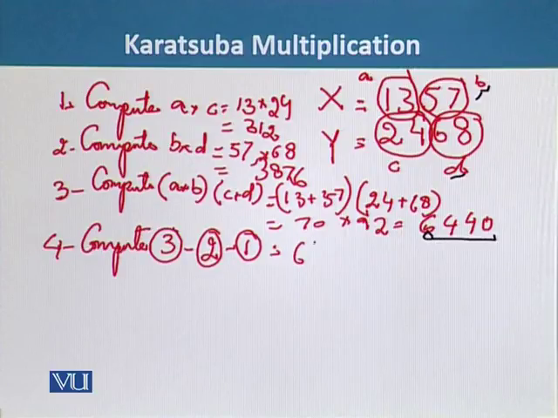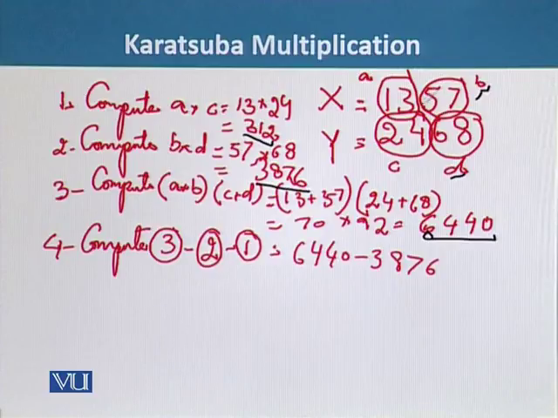So we write 6440 minus the second, 3876, minus the answer of the first, 312, and we will get the answer. If we subtract all these numbers, we will get 2252.